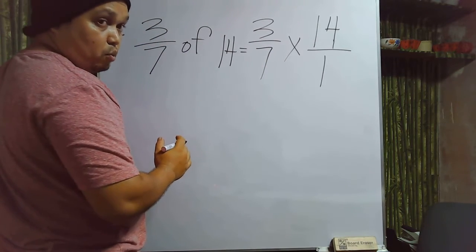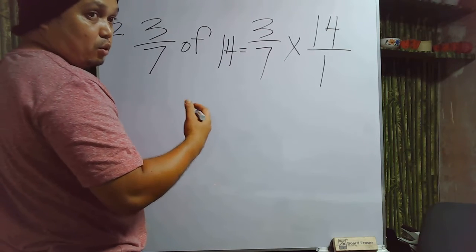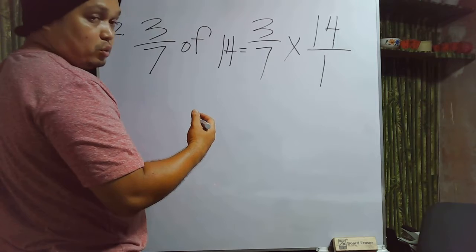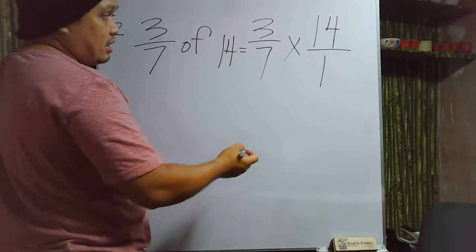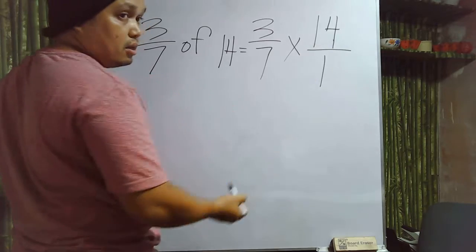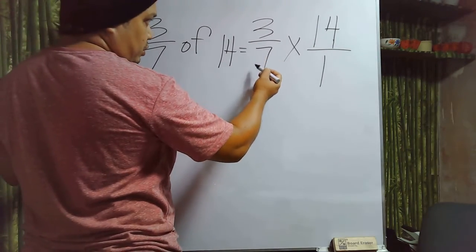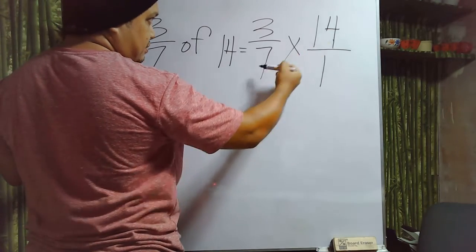Or if you want, you can use the cancellation method to make it quick. Why? Because we can cancel crosswise, dividing them both by 7.